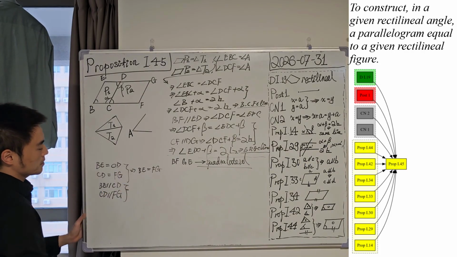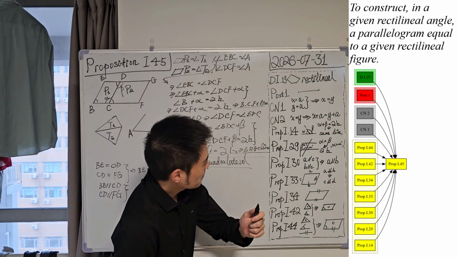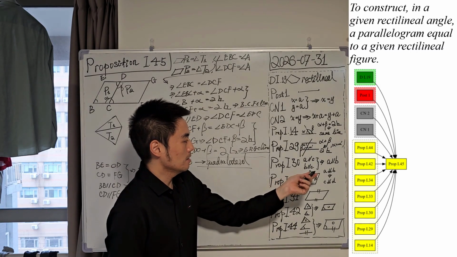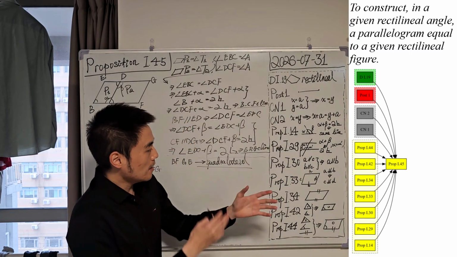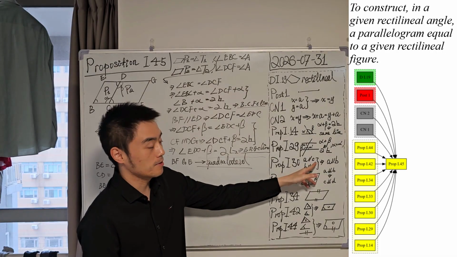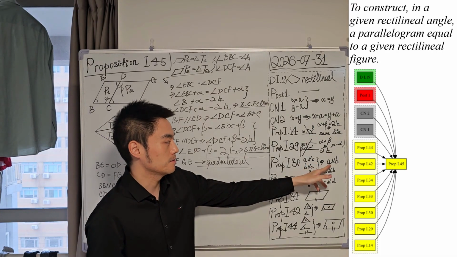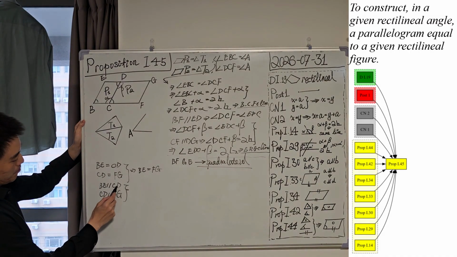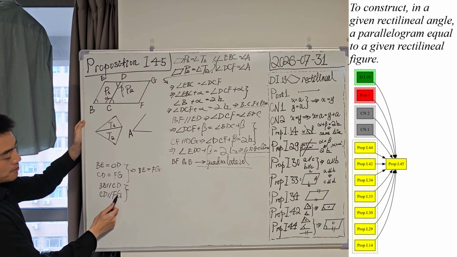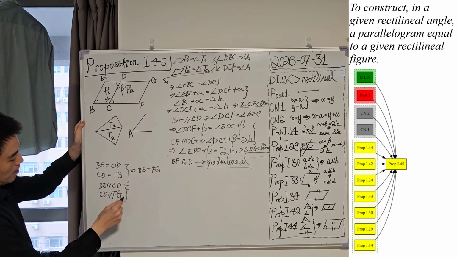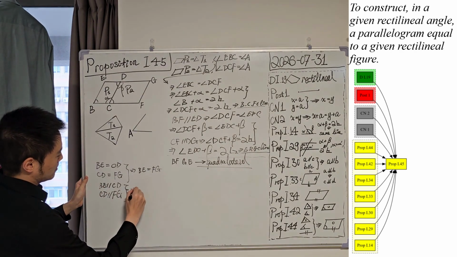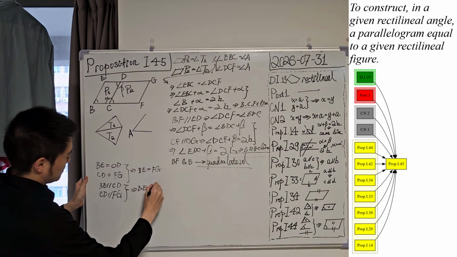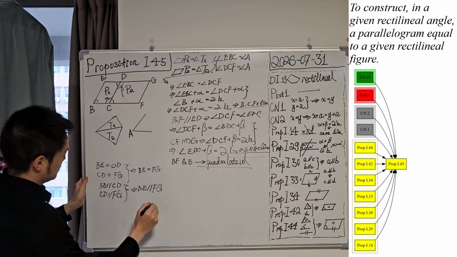And if we combine them together and apply proposition 30, which declares that straight lines that are parallel to the same straight line are parallel to each other, we know that this is parallel to this, and FG is also parallel to this. So these two are parallel to each other. So we know BE is parallel to FG, correct?